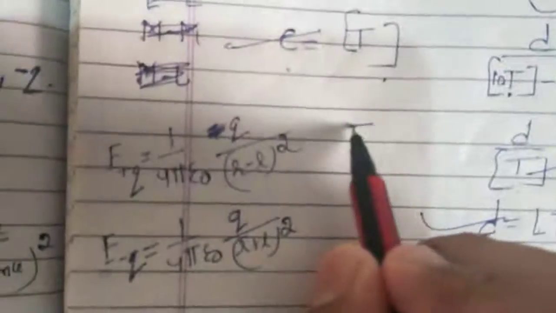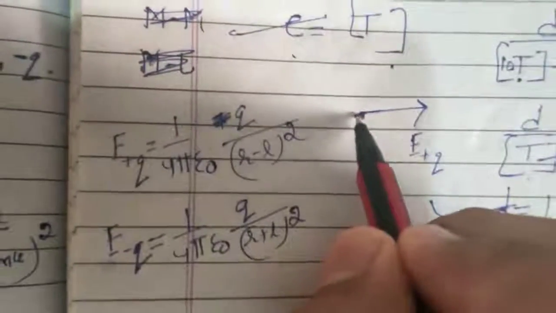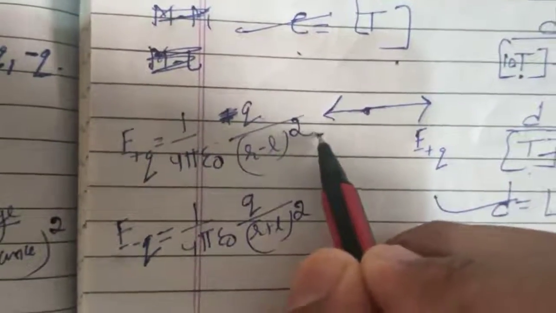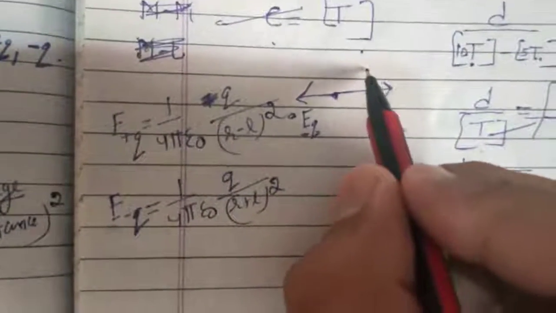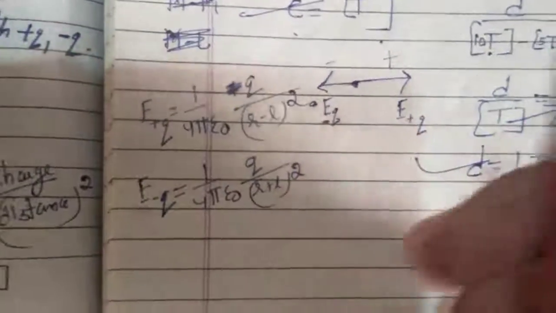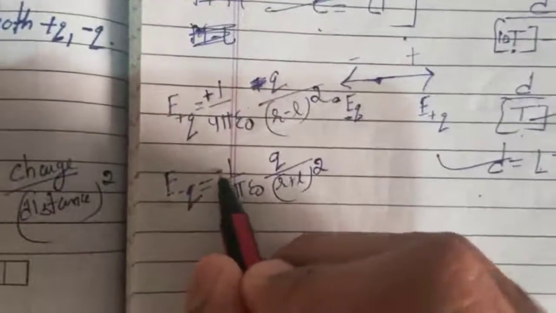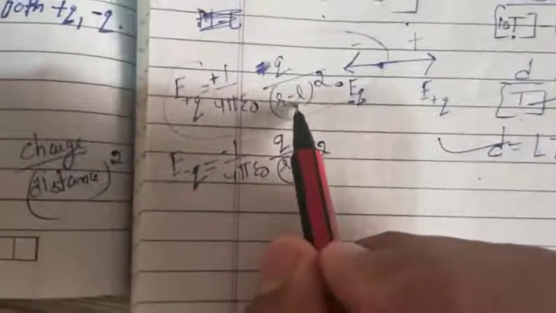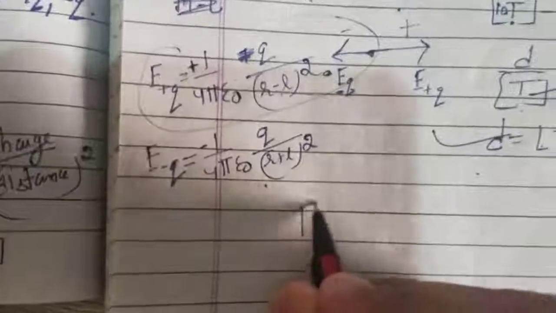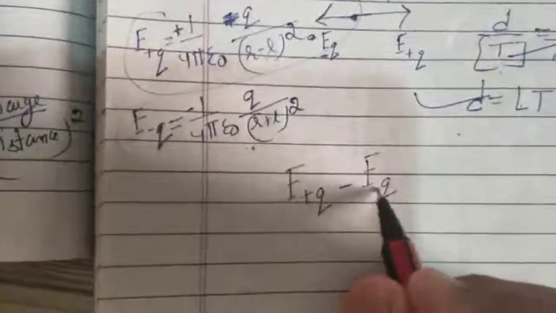The direction of the electric field due to the positive charge is in this direction, and that due to the negative charge is in the opposite direction. So we take one direction as positive and the other as negative, as both act in different directions. The field due to positive charge is strongest because its distance is less, and the one due to negative charge is weakest because its distance is more. So we subtract the electric field due to the negative charge from the electric field due to the positive charge, and we get the net electric field.